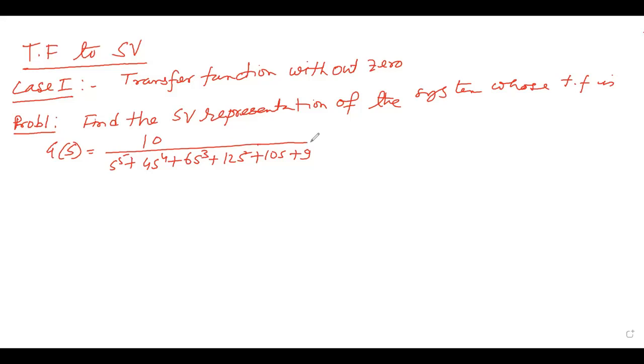Okay. Now look, the system does not have any zero. You know zeros, you know poles. Poles mean the solution of the denominator polynomial, whereas zeros mean the solution of the numerator polynomial. That means if we equate the denominator polynomial to zero, we'll get the s values. Those values are called the poles.